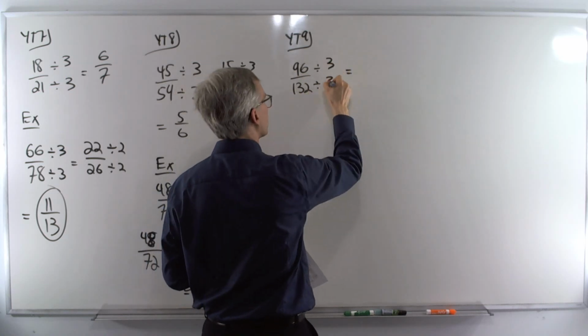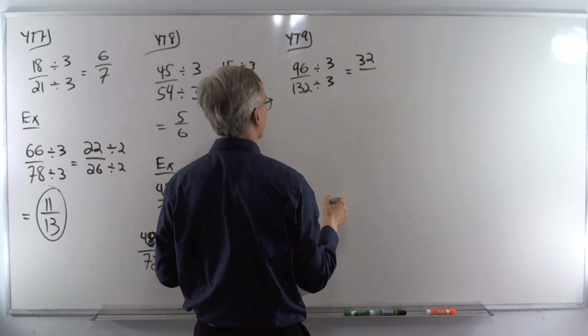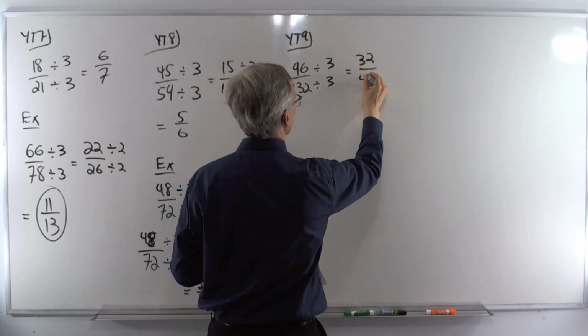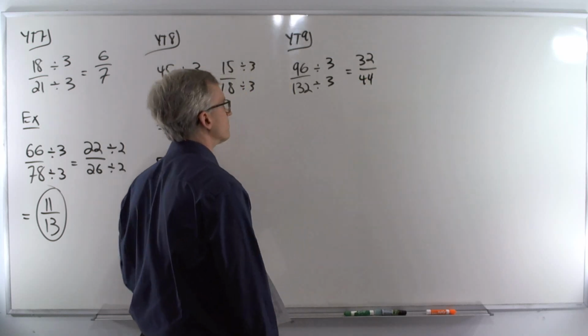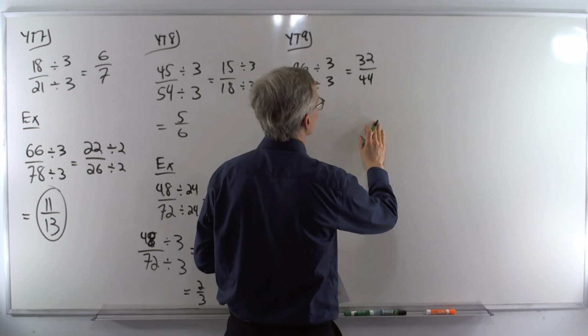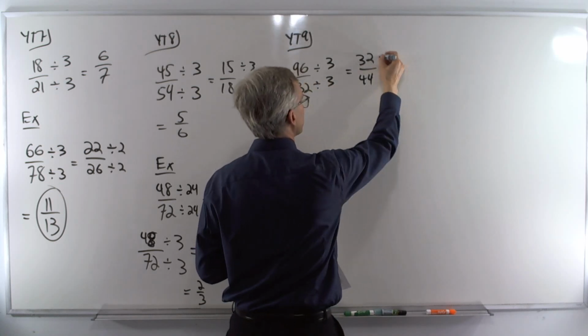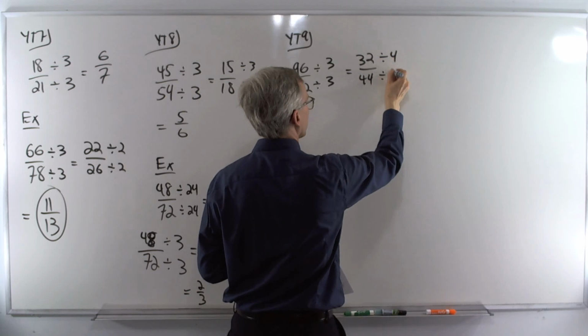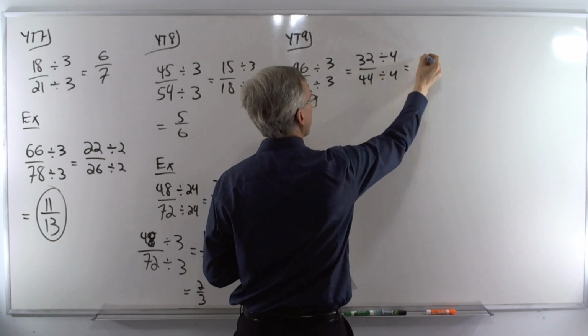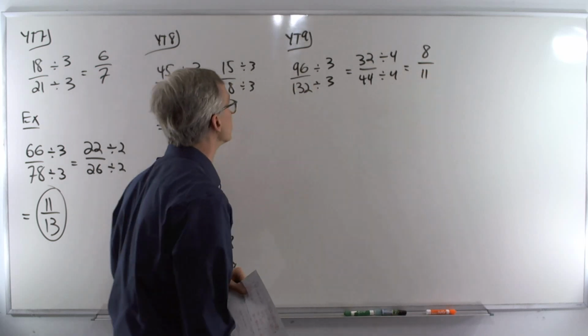So both of these are divisible by 3. Gives us down to 32 on top and 44 on the bottom. Looks like these are going to be divisible by 4. Let's try that. 32 divided by 4 is 8. 44 divided by 4 is 11. 8/11ths.